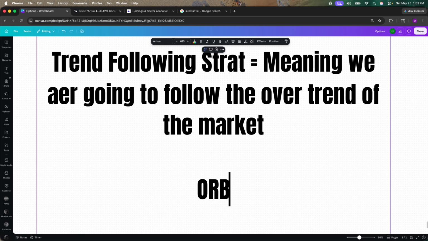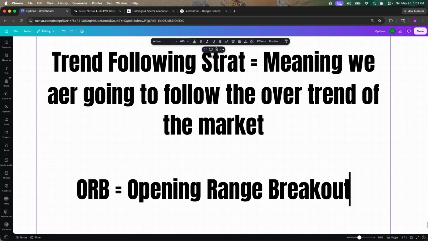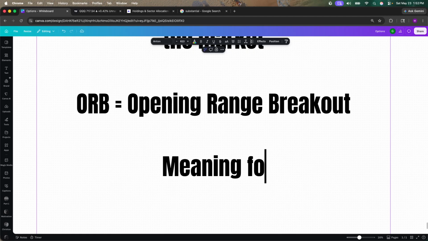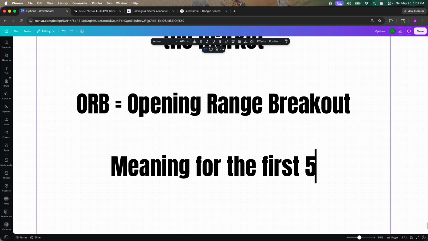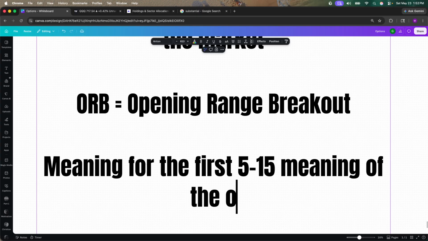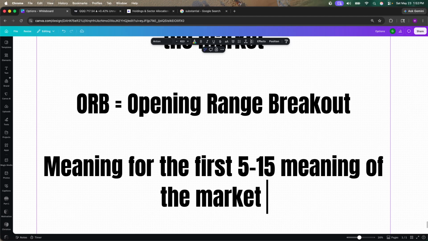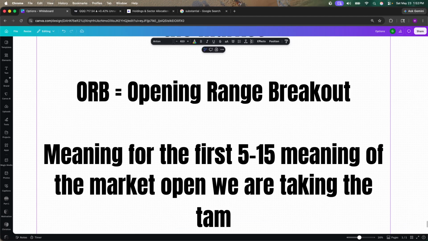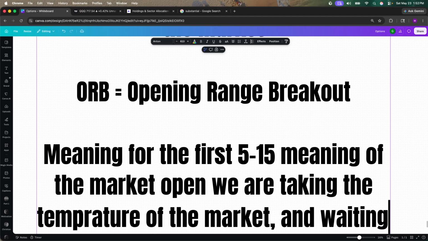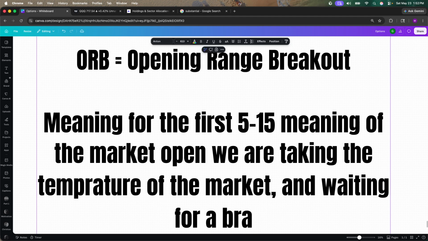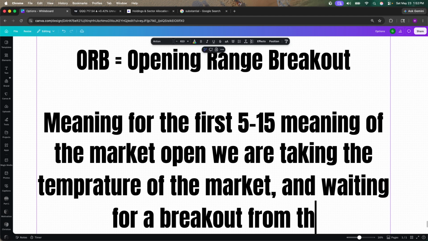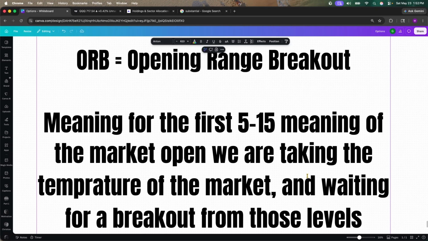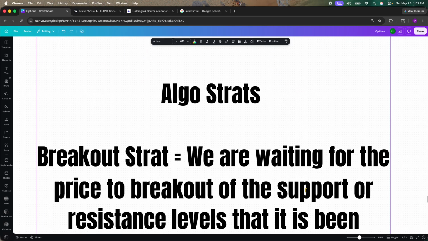There's also ORB, which is the opening range breakout, meaning for the first 5 to 15 minutes of the market open, we are taking the temperature of the market and waiting for a breakout from those levels. So as you can see, there are many different types of strategies that we have here.